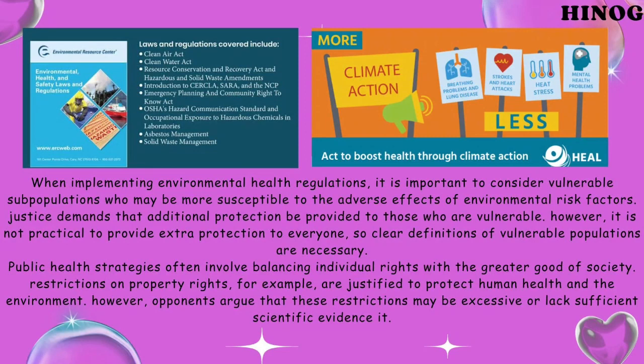Implementing environmental health regulations should prioritize the protection of vulnerable populations and stick to ethical practices. Comprehensive strategies are needed to prioritize both human health and environmental sustainability while taking into account ethical, social, and legal considerations.